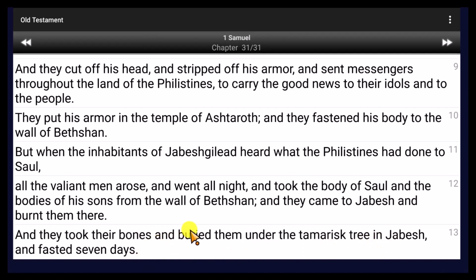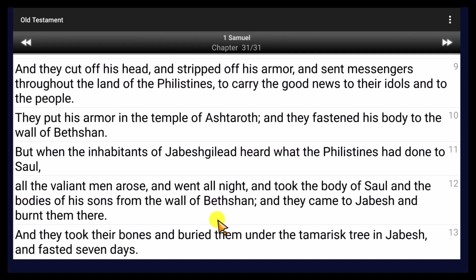So the inhabitants of Jabesh Gilead decided to give Saul a befitting burial. They came at night, took the body, burnt it, and then the bones were buried under the tamarisk tree in Jabesh Gilead, and they also fasted for 7 days.